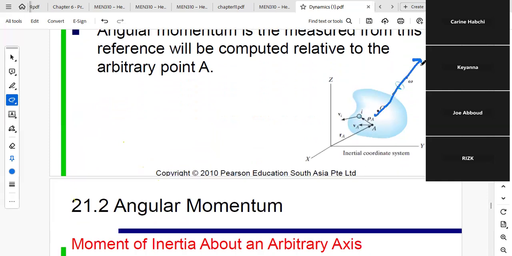We can do the general analysis by considering at A a translating frame, okay? And then you know that we can get the velocity of any point in this body relative to point A using the formula that V of any point is V of A, which takes into consideration translation of A, plus omega total vectorial AG, okay?